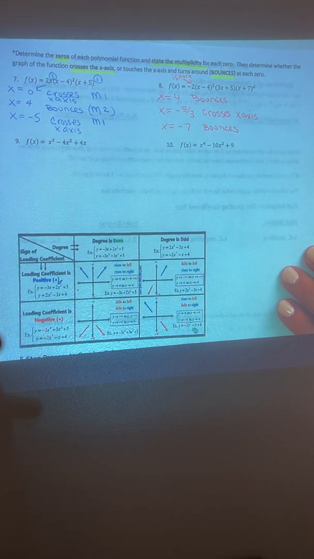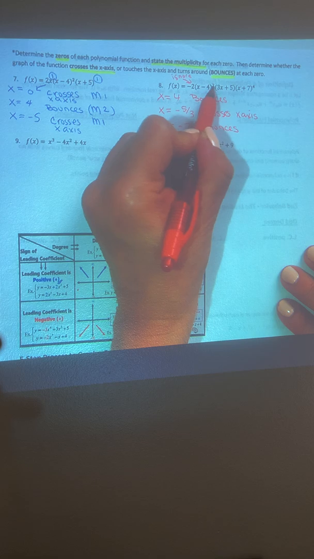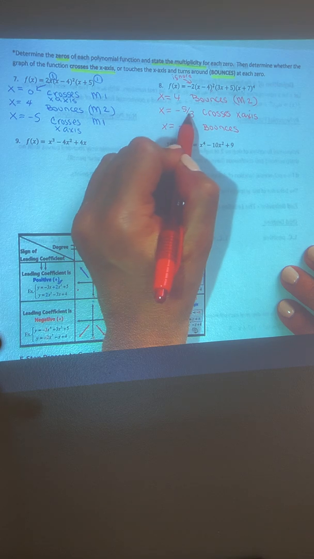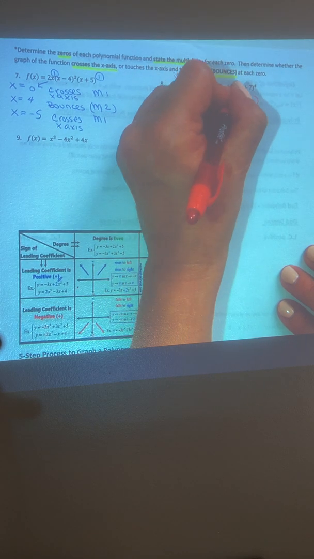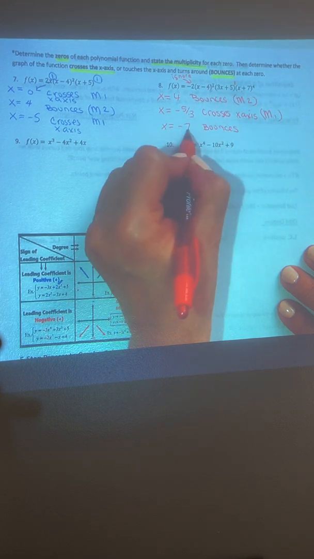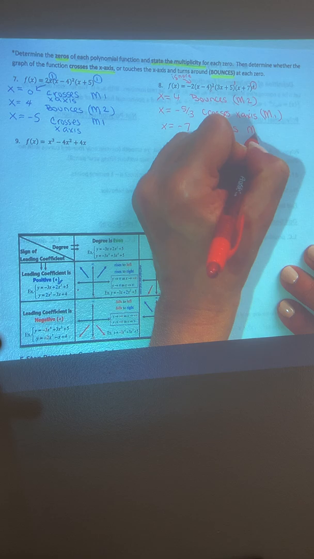Okay, now, what's the multiplicity? The multiplicity of 4 is 2. The multiplicity of 5/3 is 1. The multiplicity of negative 7 is 4.